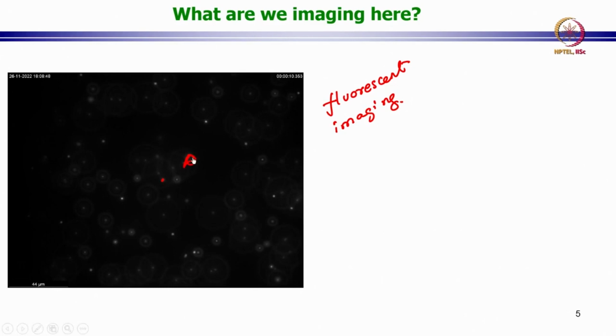And this particle is actually, there are many particles like that, and those particles are out of the focal plane. There is one more particle right here, there's another particle here. These are particles that are far away from the focal plane and yet contribute to the signal in the focal plane.